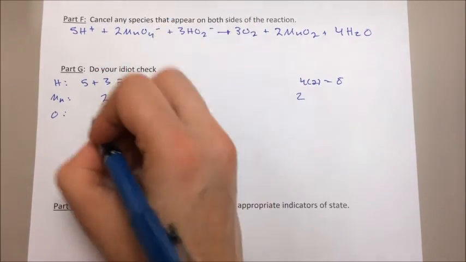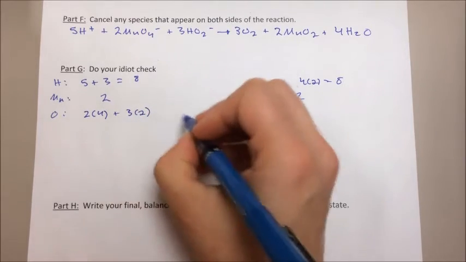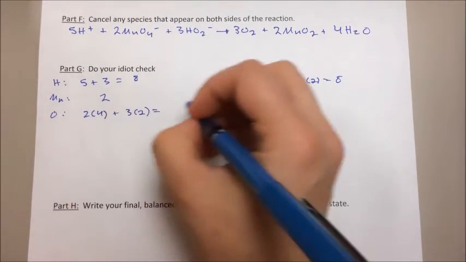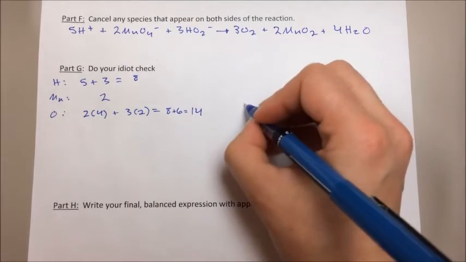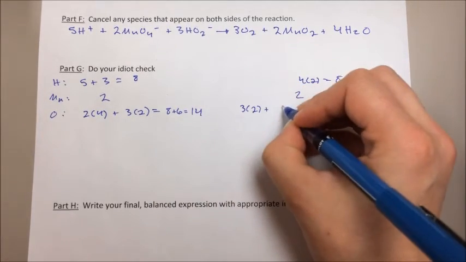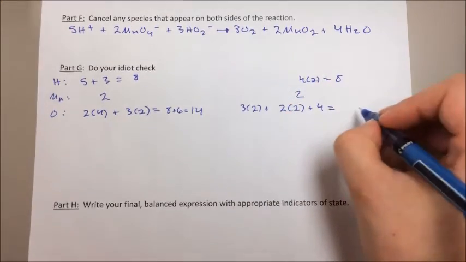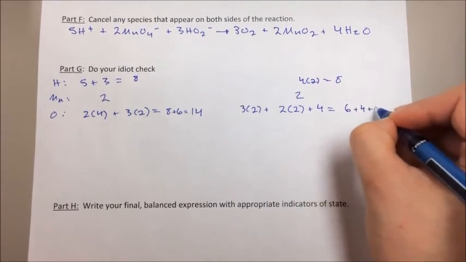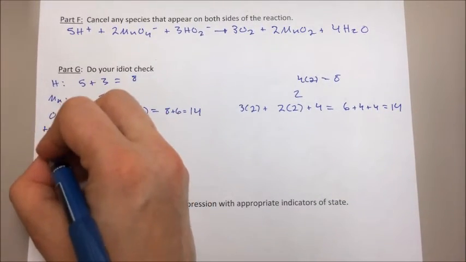We've got 2 times 4 plus 3 times 2, which is 8 plus 6, which is 14. We've got 3 times 2 plus 2 times 2 plus 4, which is 6 plus 4 plus 4, which is 14.